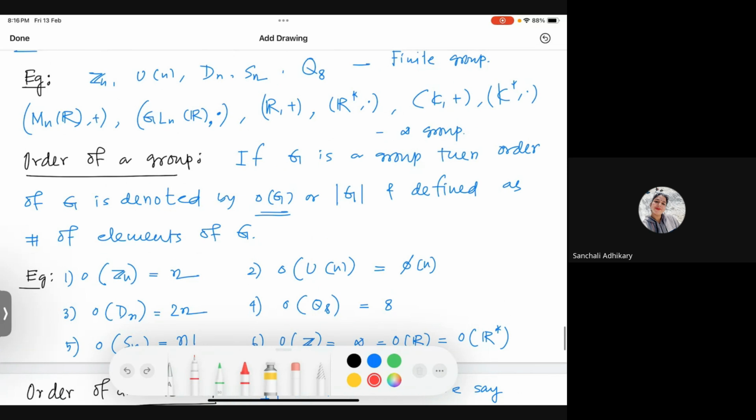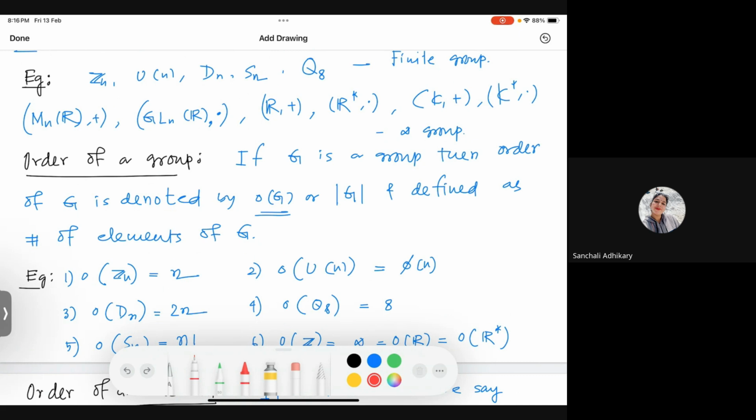Because the order of this set is not finite, right? This set is not finite. GLnR is not finite. R is not finite. R star is not finite. So all these groups are of infinite order.